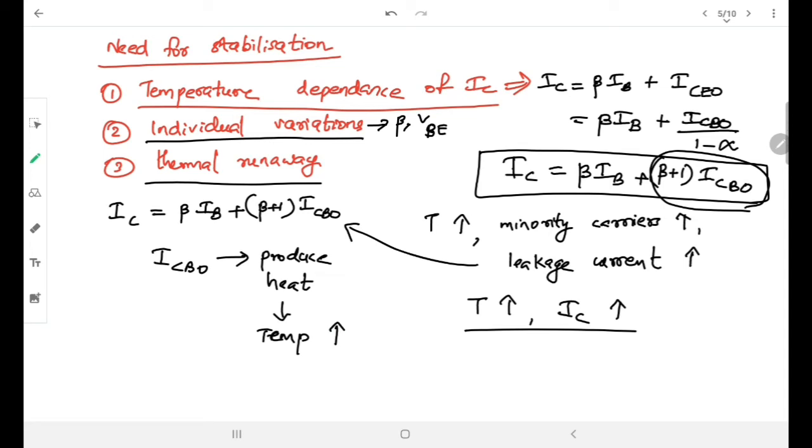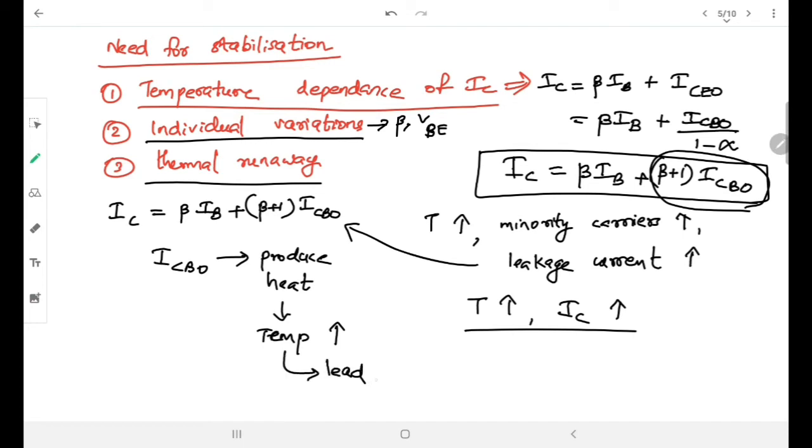So when the transistor temperature is increasing, it will eventually make the transistor burn out, because IC is increased by beta plus 1 ICBO. So finally the transistor will be damaged or destroyed, and this self-destruction of the transistor is known as thermal runaway.